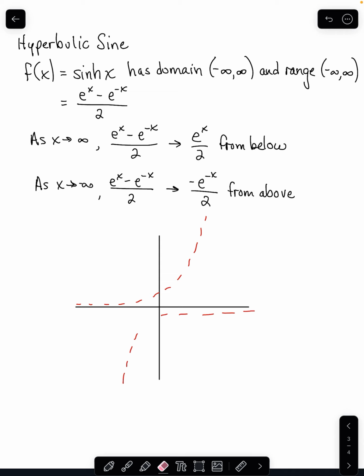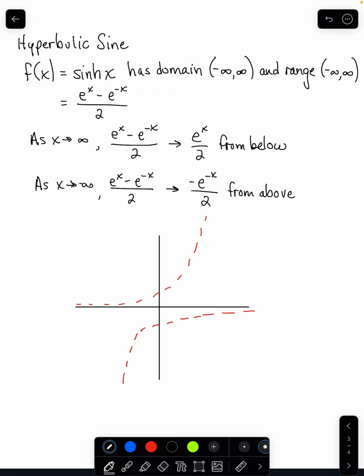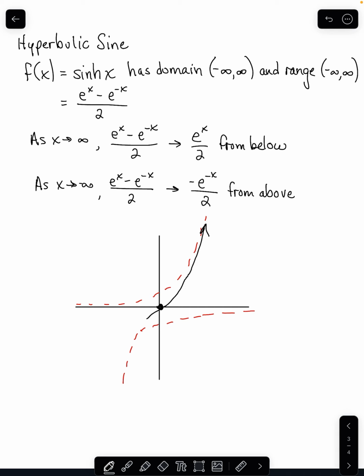Going to fix that a little bit. Thus, we must, on the right side, approach e to the x over 2 from below it, and on the left side, approach negative e to the negative x over 2 from just above it.